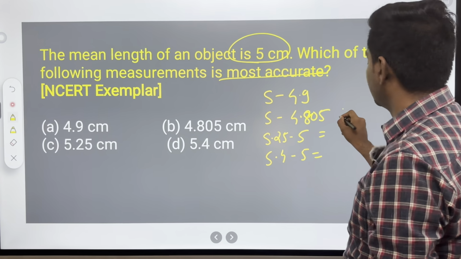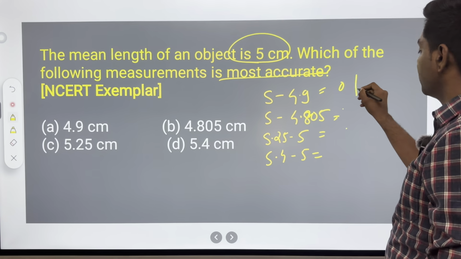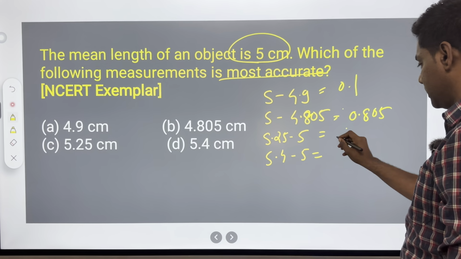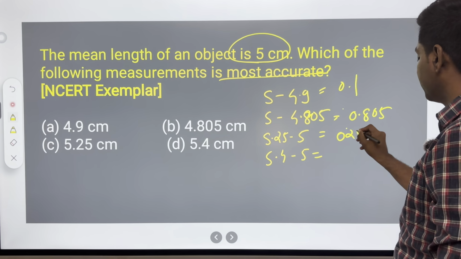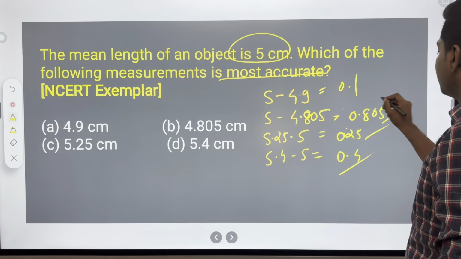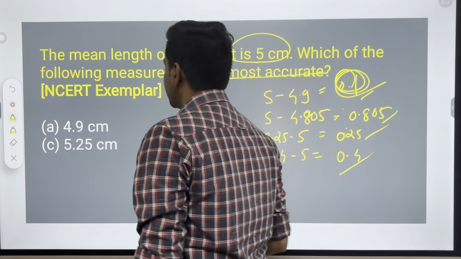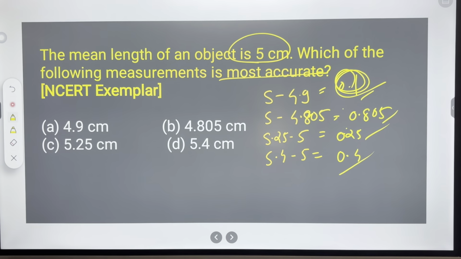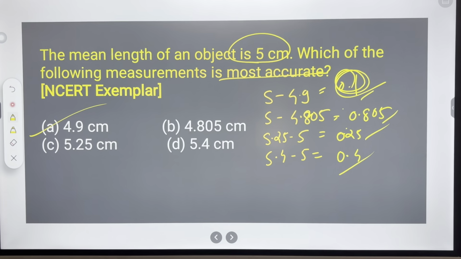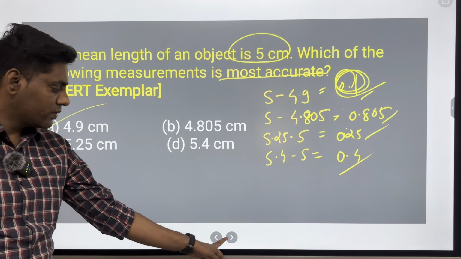So the first answer is 0.1, second 0.805, third 0.25, and last 0.4. Out of all four, 0.1 is the least and minimum value. Therefore the most accurate measurement is 4.9 centimeter, option number first.